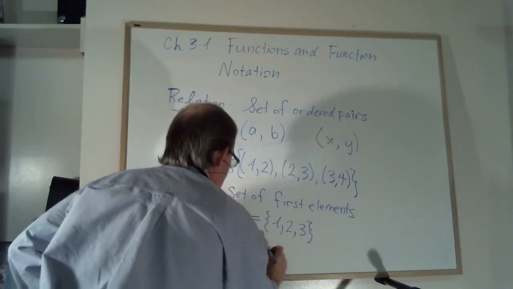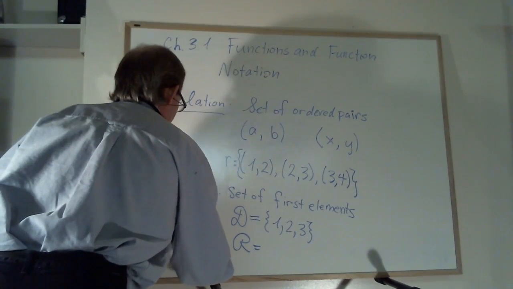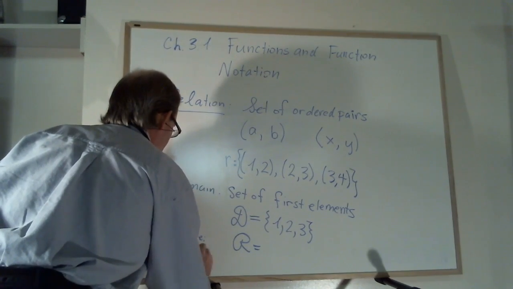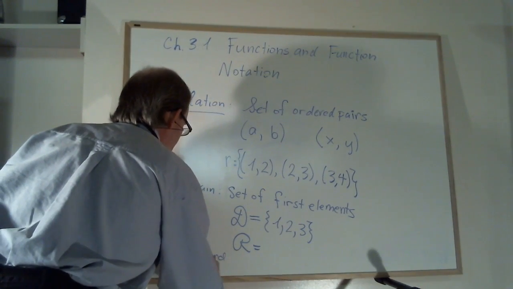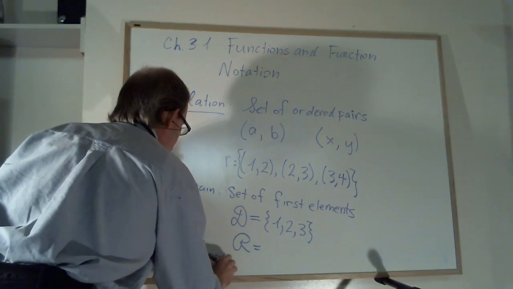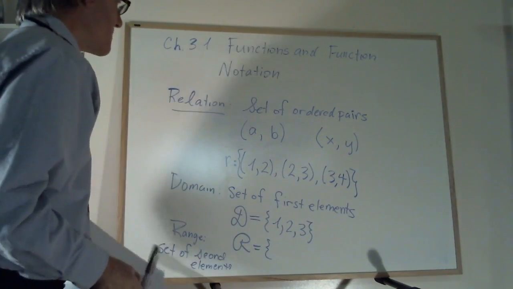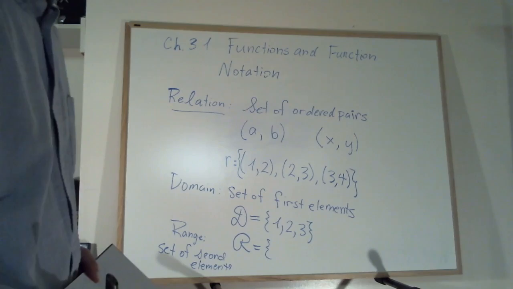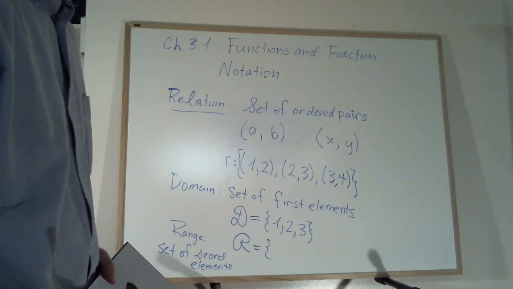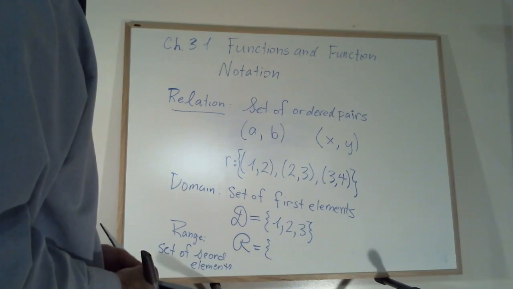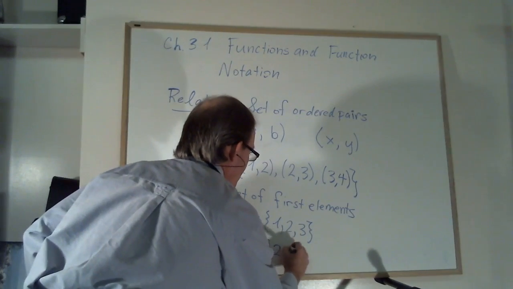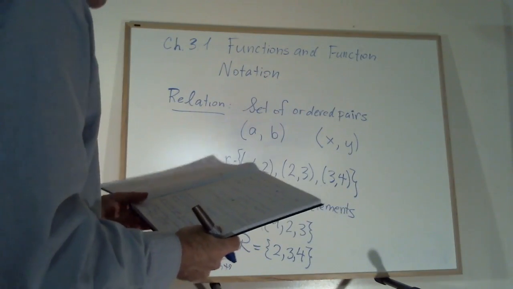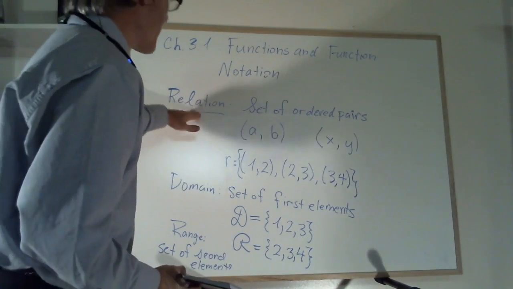And the range, as you might think, is the set of all second elements. So what is it in this case? All right, can you all see that? Okay. 2, 3, 4, yes. There you go. All right, so this is the idea of a relation.